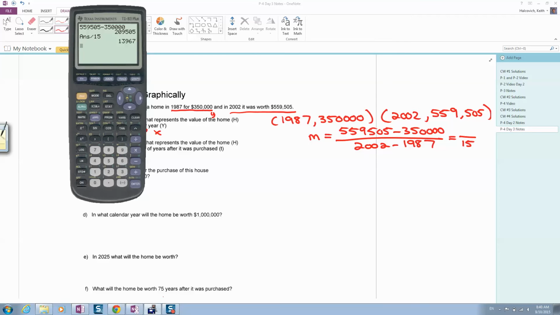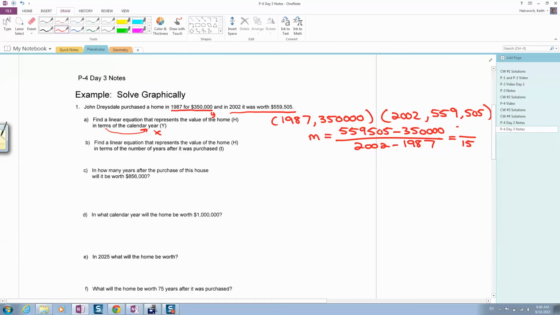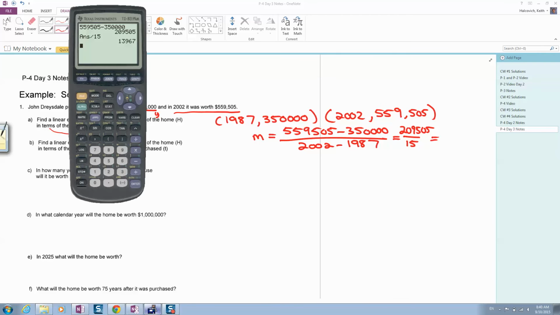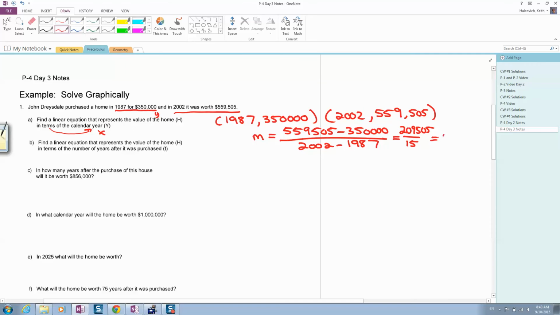Here, when you subtract 350,000 from 559,505, you get 209,505. And then when you divide by 15, as it shows in the calculator, you get 13,967. So that's your slope.